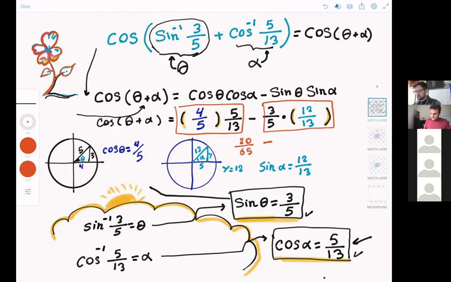Good, I'm able to do that. Then 3 times 12 is 36 divided by 65. When you subtract, you get negative 16 over 65. So this is the final answer.